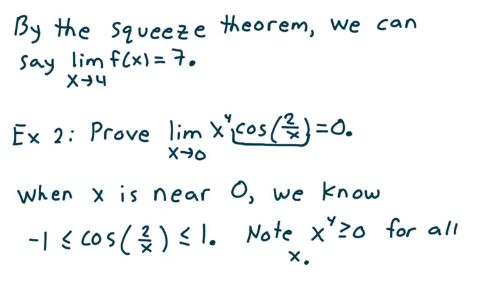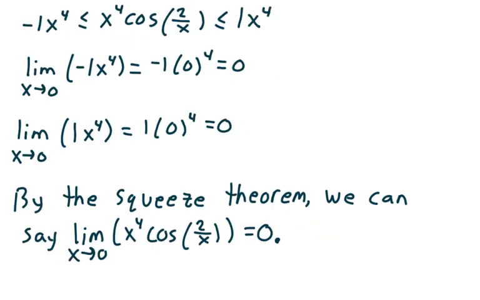Now, x to the 4th is greater than or equal to 0 for all x. And so what we're going to do is multiply through by x to the 4th. And when we do that, we get negative 1 x to the 4th is less than or equal to x to the 4th cosine of 2 over x, which is less than or equal to 1 x to the 4th.